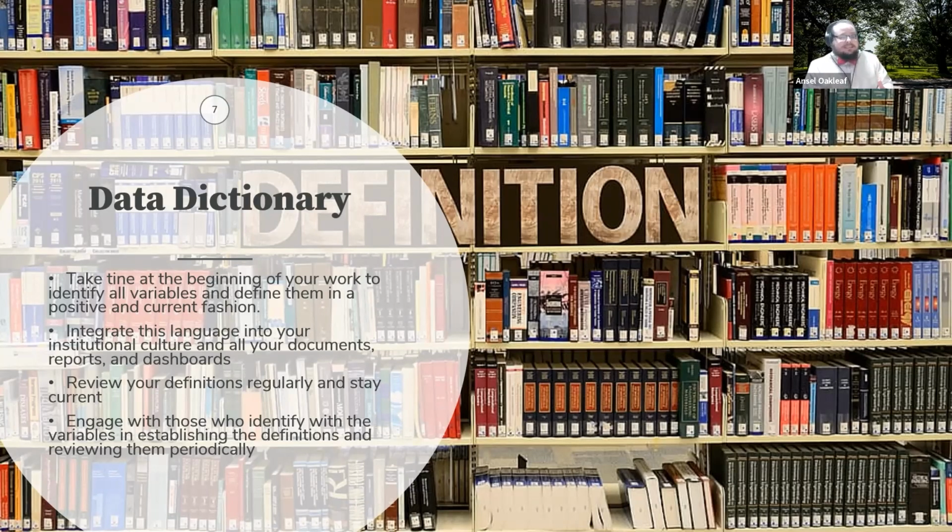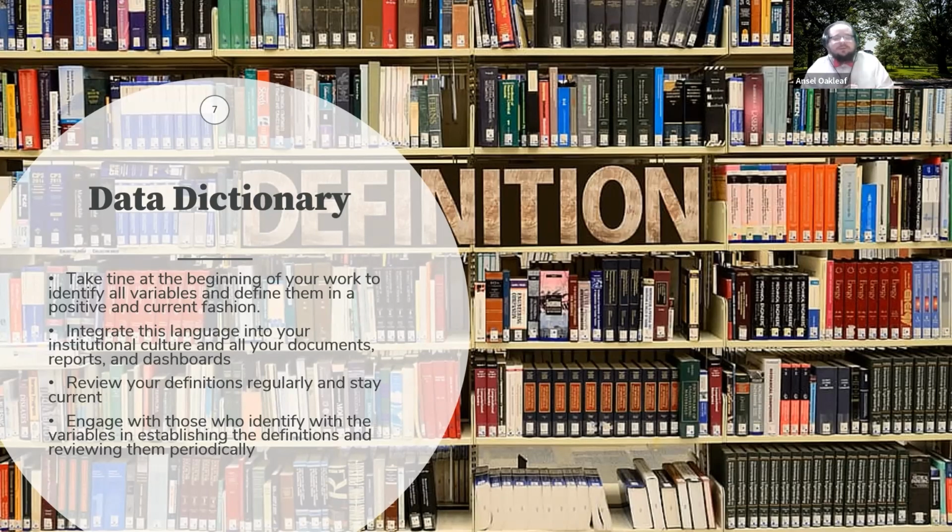I take these definitions and share them when I've created a report or a data visualization. Then the audience is familiar with how I'm using the terminology. They can see if it's the same way that they have defined the variables. And it gives us a starting point to have a real conversation about the real meaning behind the data.